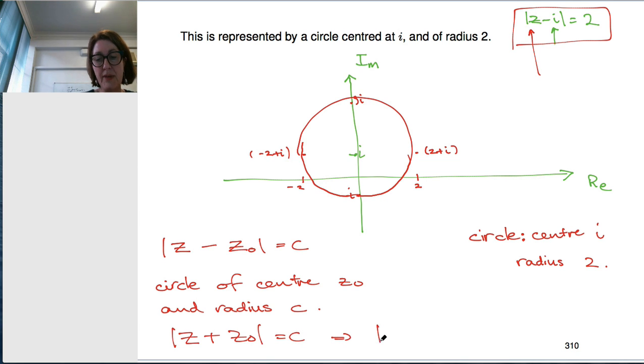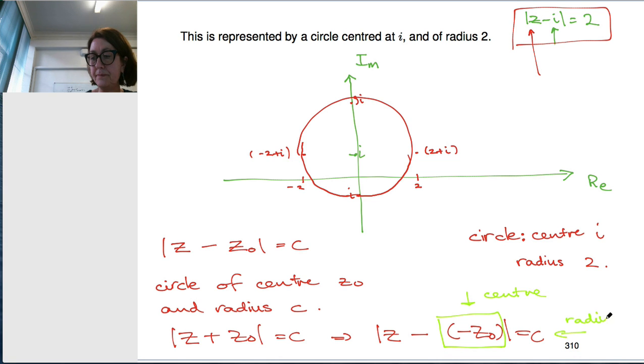You could just write that as z minus minus z naught equals c. So this would be the centre, and the radius would still be c. Okay, so that allows you to draw a whole class of examples if they're given to you in this form.